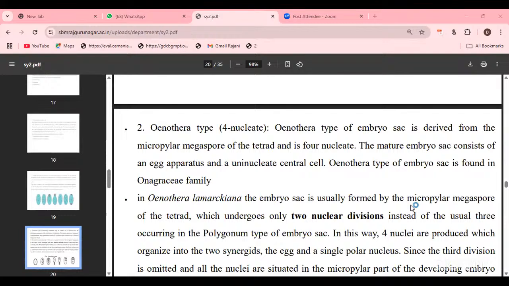Here you can observe only the 4-nucleate type. The Oenothera type of embryo sac is derived from the micropylar megaspore of the tetrad and is 4-nucleate. The mature embryo sac consists of an egg apparatus.